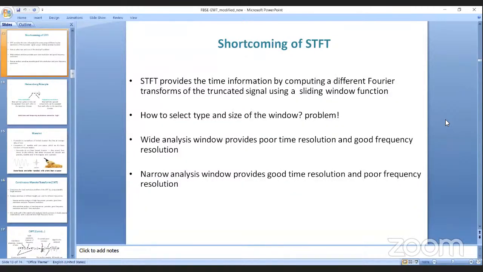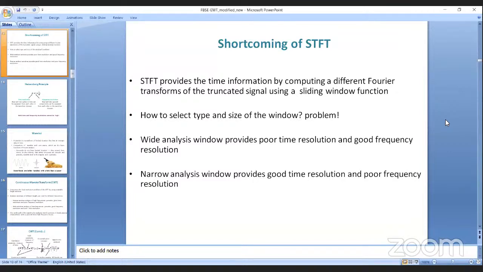Actually there are certain shortcomings of the short time Fourier transform. In the short time Fourier transform that we have seen, we require a window function, and by using the shifting concept, we cover the signal from the beginning to end with a sliding window function. What is the size of this window and what is the type of the window? That is not clear.